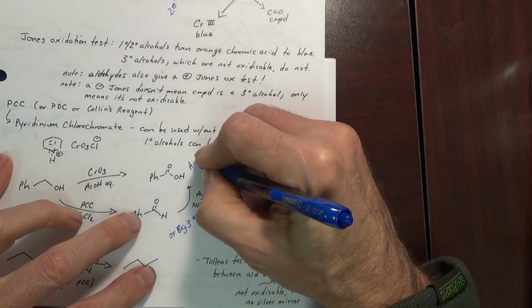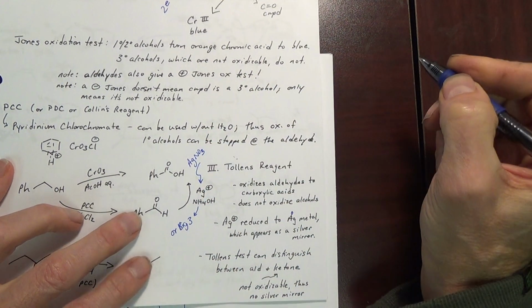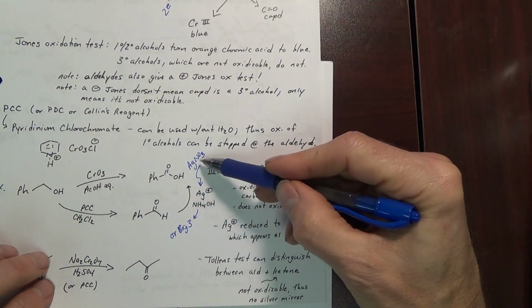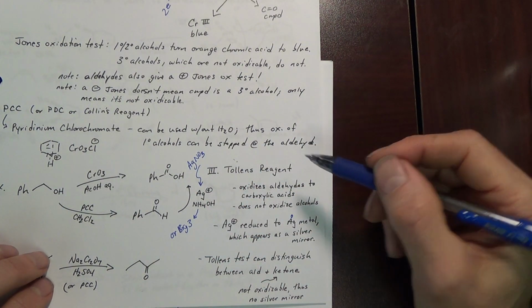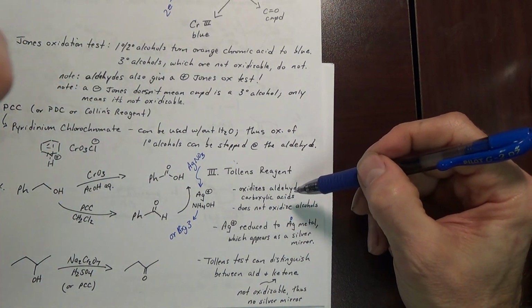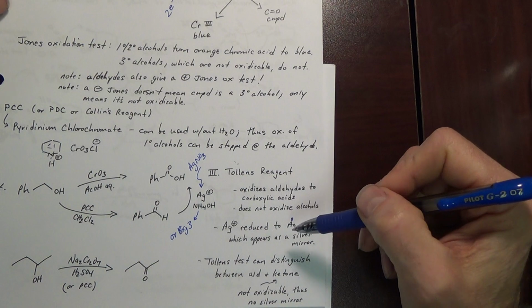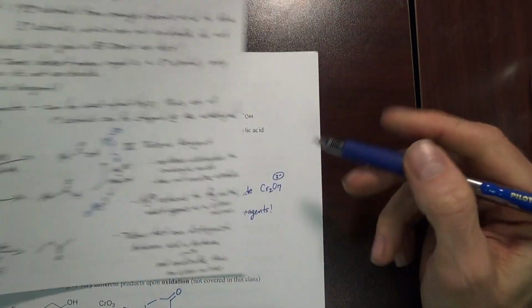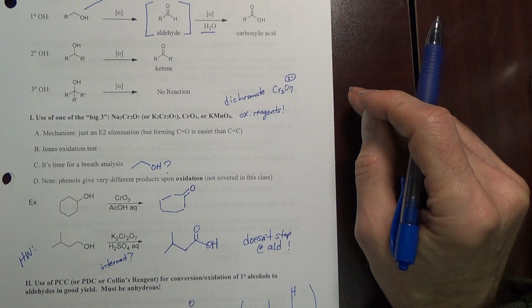Very often it's like silver nitrate, okay? Silver plus. All this is soluble, but if you get silver depositing and it looks like a mirror, that's going to indicate that you have an aldehyde and not a ketone. I think that's the third chemical test we've looked at.